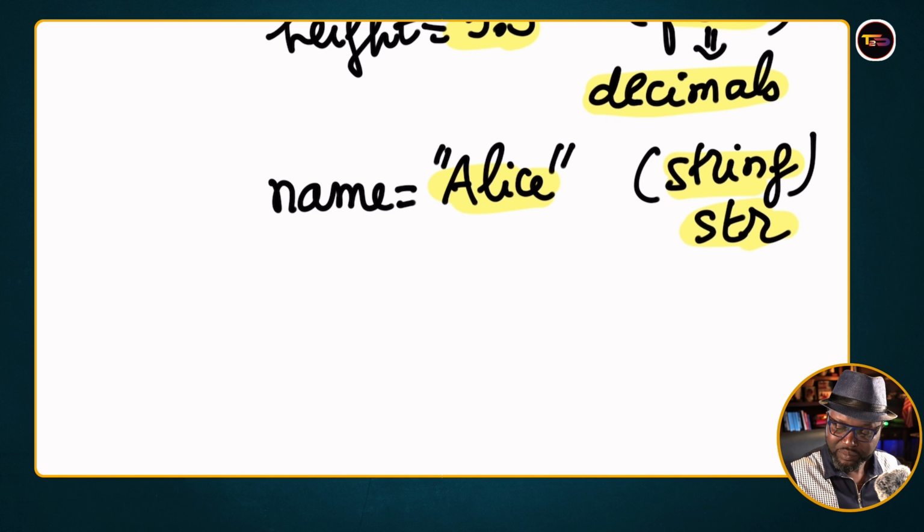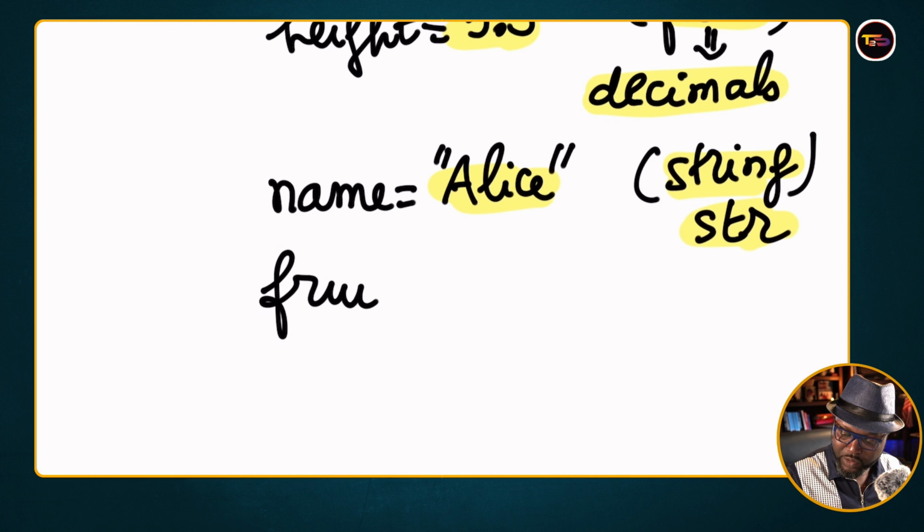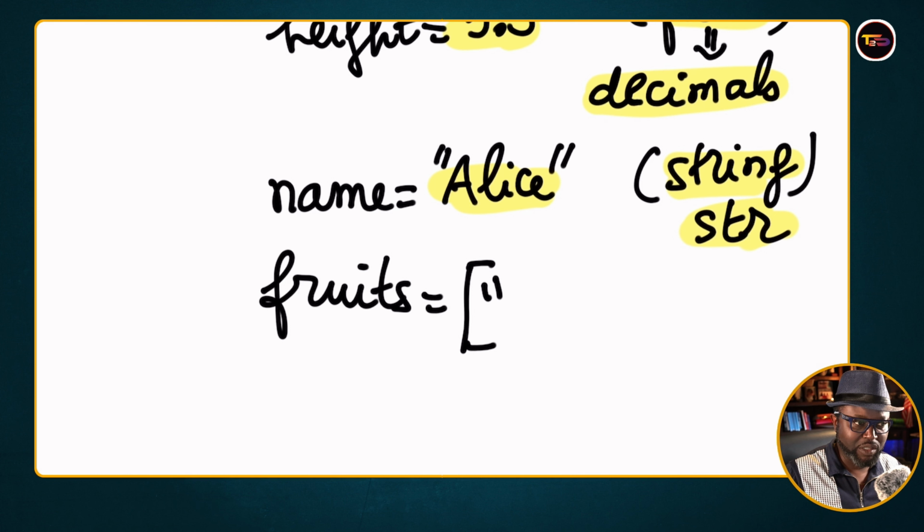And next, what we have is a list. So like fruits. For a list, you use the square brackets, and then you have strings in there or numbers.